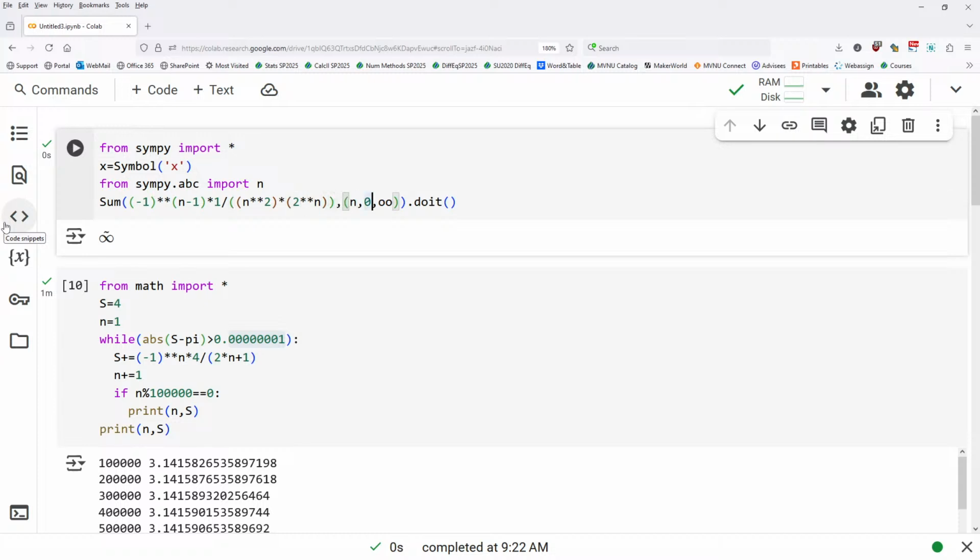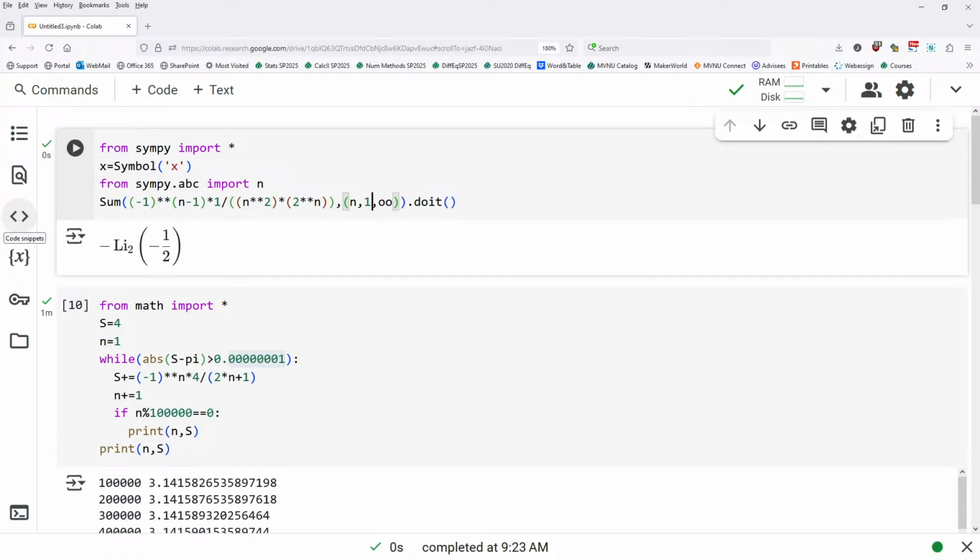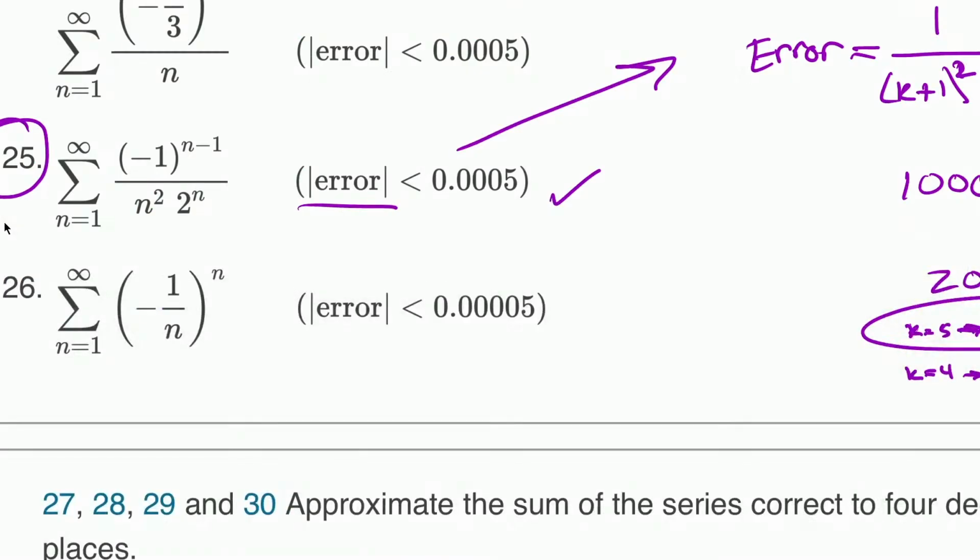And we're summing from 1. Aha, I see. If you start at 0, you get 1 over 0. Apparently it doesn't know. Well, it does. That's a number, but it's not a number that I like to think about. So I'm going to switch. But anyway, let's go back to this so that we can do more if we need to.